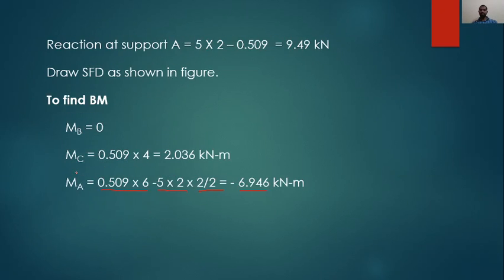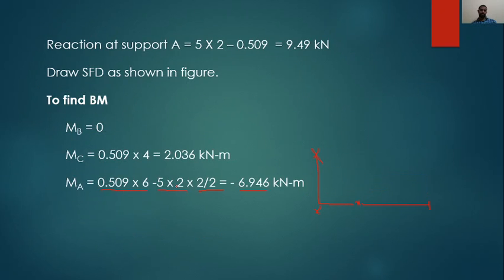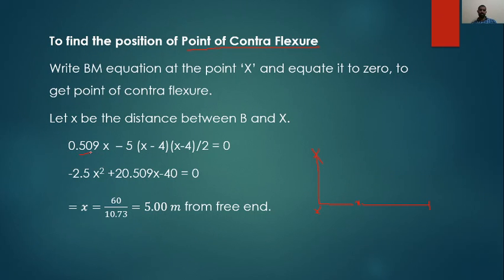So we need to write a general equation somewhere in between this span, let us say at some section at a distance x from the prop reaction, calculating the bending moment, that means prop reaction multiplied by x minus 5 into x minus 4 multiplied by x minus 4 by 2, right? 0.509 into x minus 5 into x minus 4 into x minus 4 by 2 is equal to 0, and by simplifying this and solving for x, we'll get 5 meters.